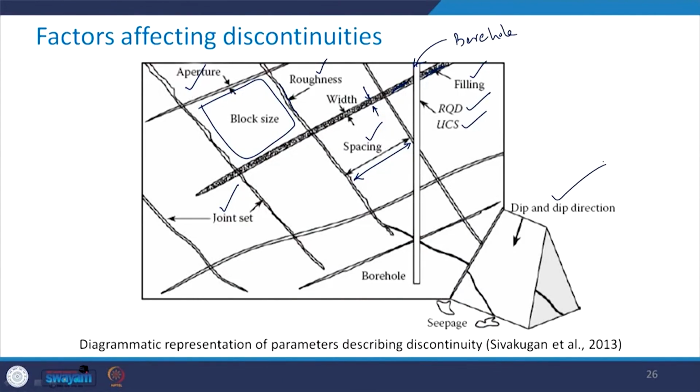As far as dip and dip direction are concerned, you can see that this is how you can determine them. And for seepage, whatever water there is, you just need to take the observation at this location in order to measure the seepage. So basically this figure gives you the overall idea about all the factors which influence the discontinuity.